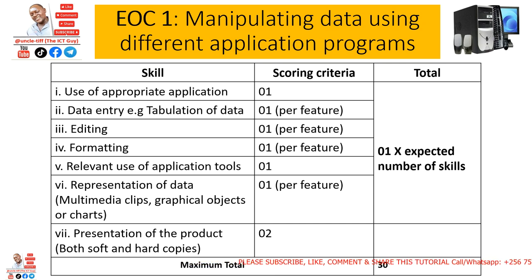Then also, data entry: have you tried to enter data correctly, for example tabulating this data, having it in the form of a table? Have you tried to edit, making some kind of editing? And then also formatting, making some changes in your work using relevant application tools. Have you used the relevant application tools while working upon this item?